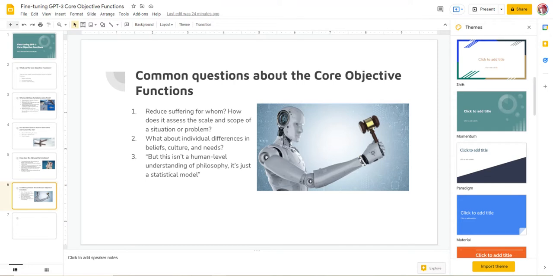This feeds into item number 2. What about individual differences in beliefs, culture, and needs? That is exactly why I wrote the core objective functions the way that I did, because it allows for that exploration. In fact, the core objective functions are not limited to humans. You'll notice that I did not include reduce suffering for humans or increase prosperity for humans.